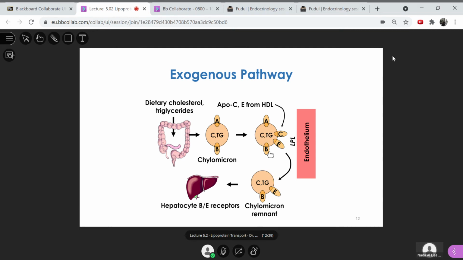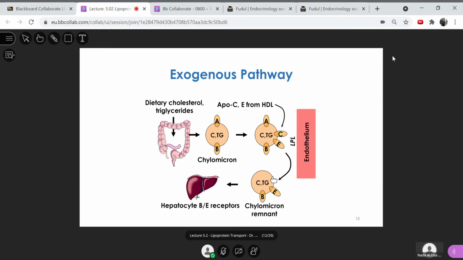Chylomicron will now move in the blood for its lipid content to be utilized by other organs. It will be acted upon by the endothelial lipoprotein lipase, releasing triglycerides to be utilized. Eventually we will be left with the remnant, the chylomicron remnant. After the release of triacylglycerols, there is no need for apolipoprotein C, because we mentioned it activates LPL.